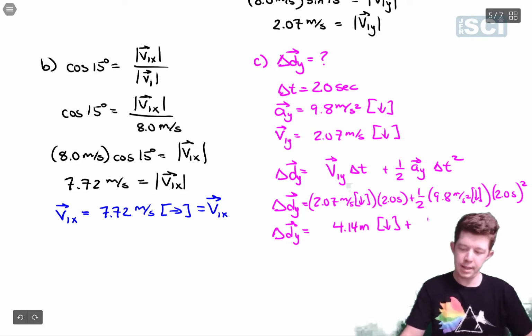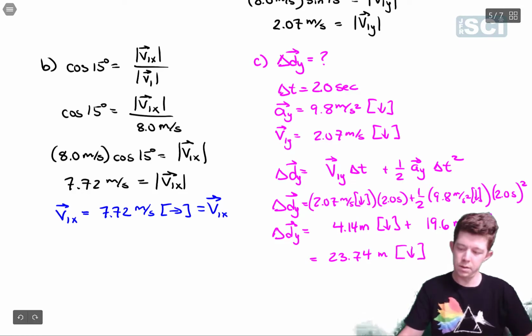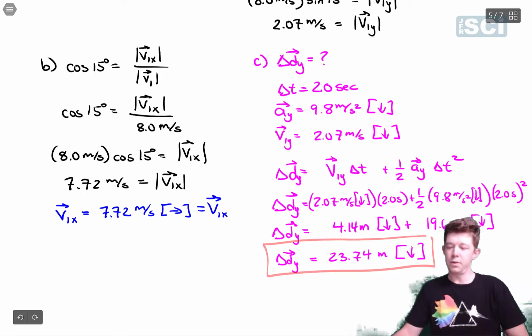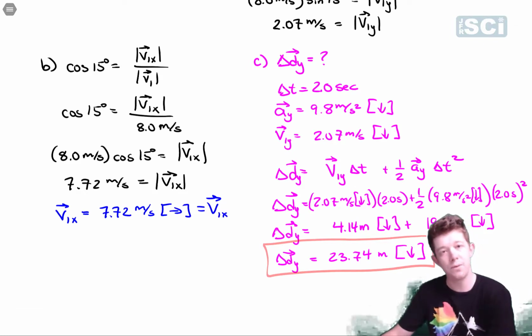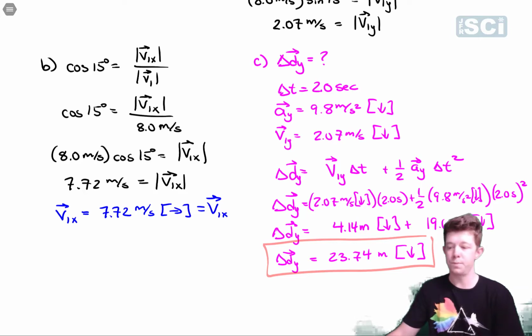The second term gives me 19.6 meters, not meters per second, meters, and that's downwards. If I add those together, I get 23.74 meters, and that's downwards. So I know that this object that the child threw out of the hot air balloon is going to have traveled 23.74 meters downwards in that first 2 seconds.